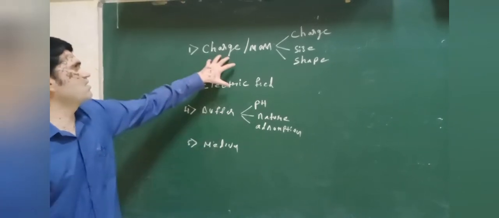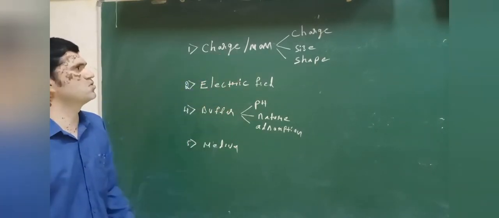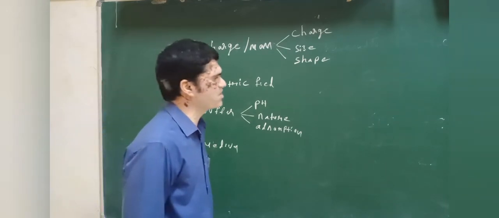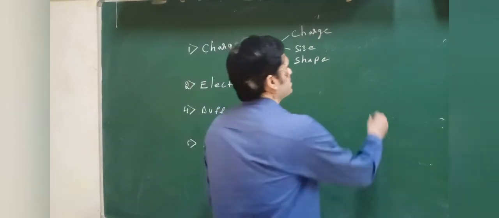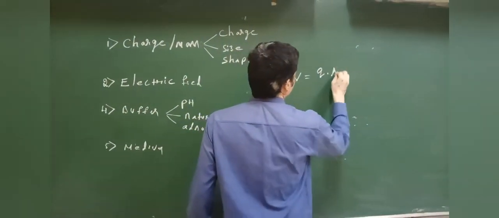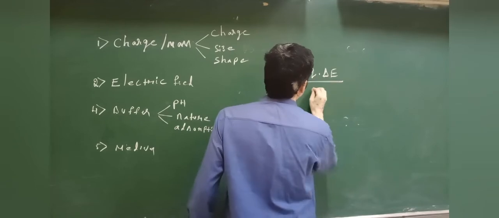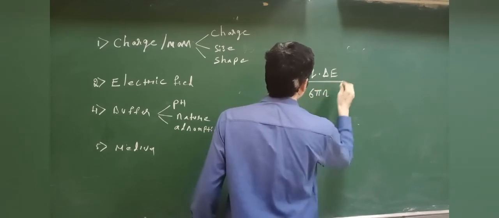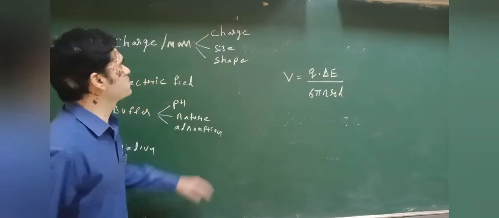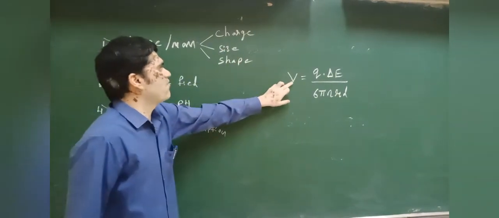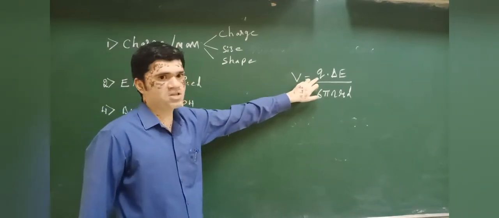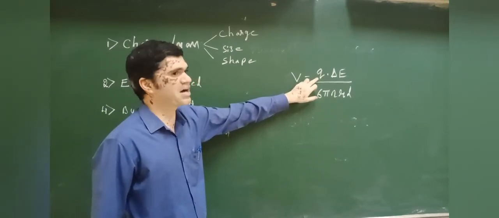Coming to the first one, charge to mass ratio, that is charge. Already we have written this equation: V is equal to Q into delta E divided by 6 pi neta R D. So here we can observe that the velocity with which the particle migrates is directly proportional to the charge on the particle.